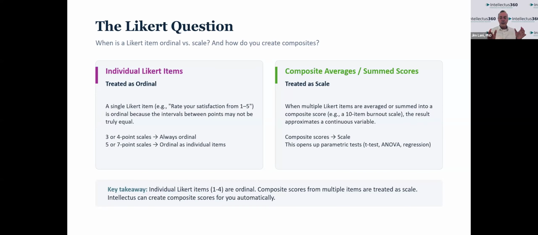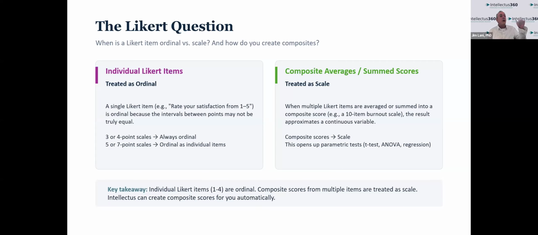When, however, you're using a 3 point scale, 4 point scale, 5 to 7 points Likert scale, okay, and you start averaging them or summing them, you are now in scale level world, okay? My common example is when you take a test when you're a kid and you either get it correct or incorrect, okay, that's nominal level.